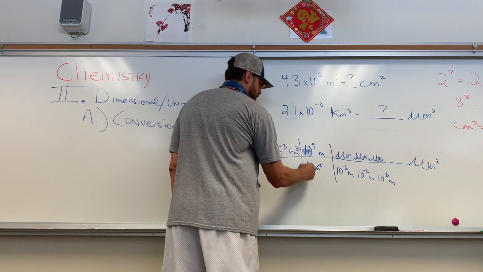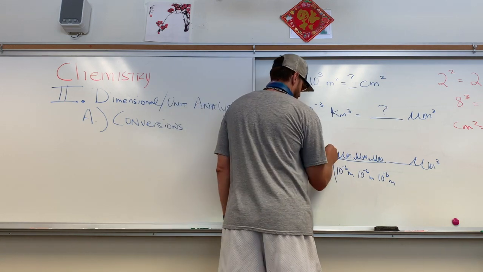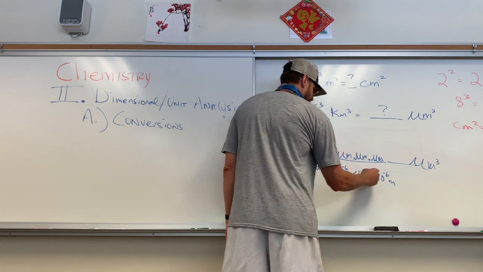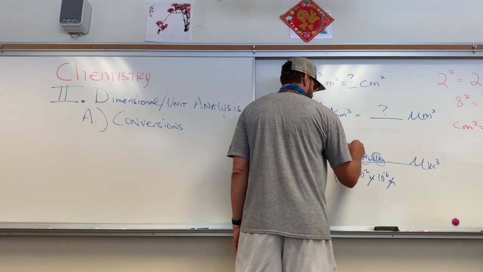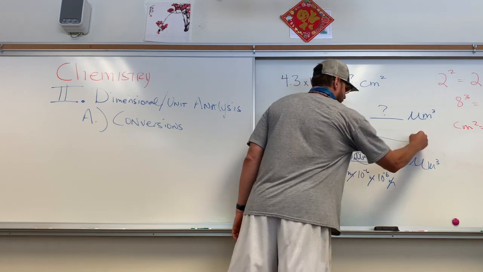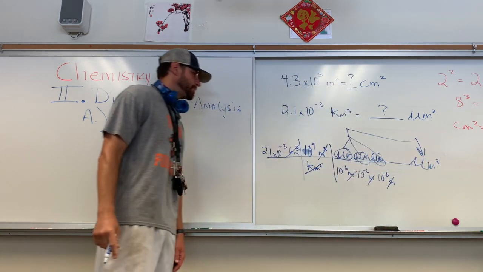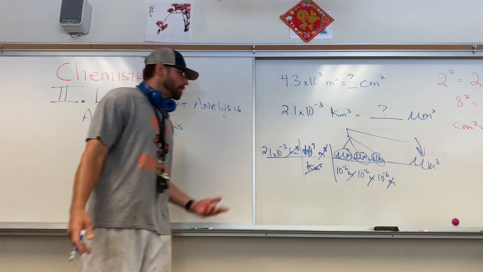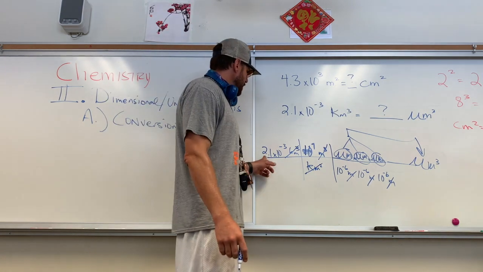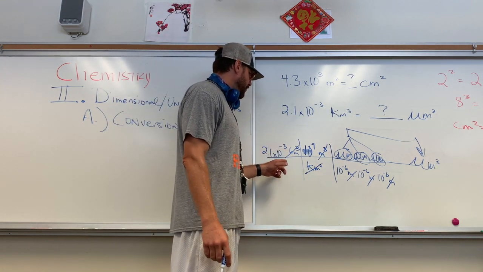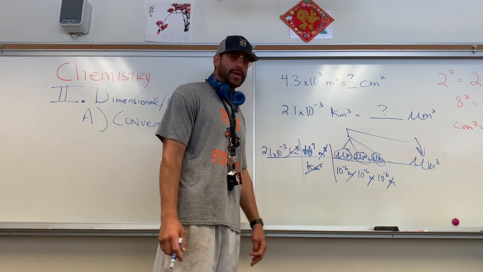So my kilometers cubed cancels, and my cubic meters cancels, and I have 1, 2, 3 here, boom, boom, boom. They're all multiplied by each other. That means micrometer cubed. And now I just solve. So let's do that again, just for a nice exercise with exponents. 2.1 times 10 to the negative third times 10 to the 9th.